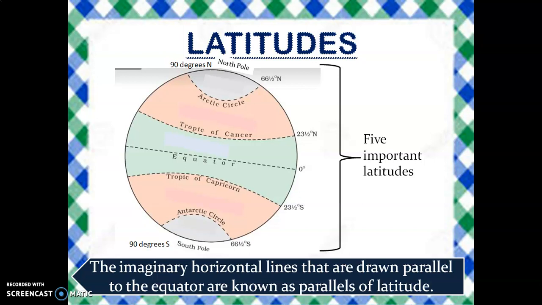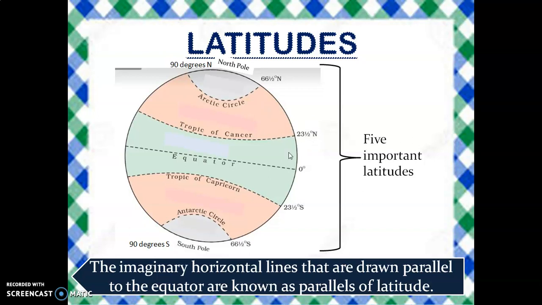There are a few more latitudes which are important other than the equator. You can see in this picture, this one is the Arctic Circle and its measurement is 66.5 degrees north. Next is the Tropic of Cancer and its measurement is 23.5 degrees north.